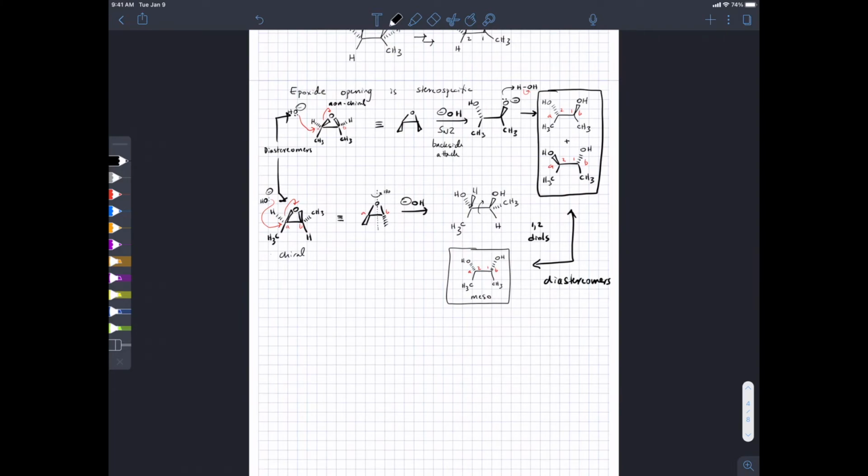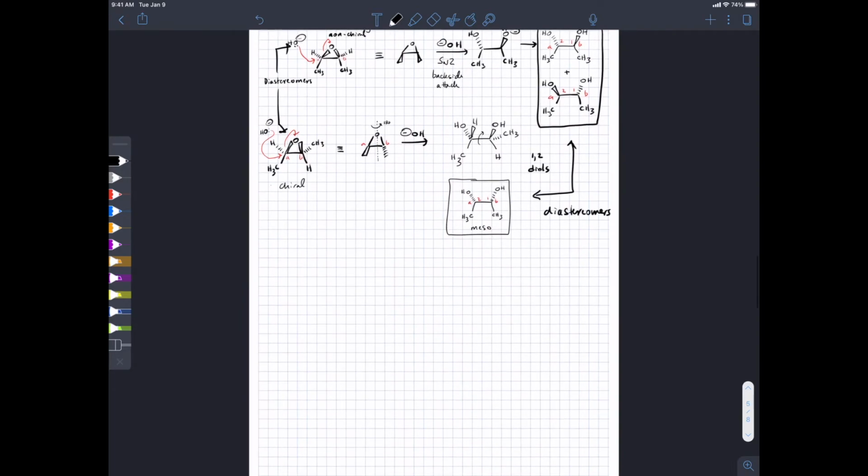So there are a lot of ways to write questions of this kind. For example, I could draw a product like this, and I could ask you, where did that come from?